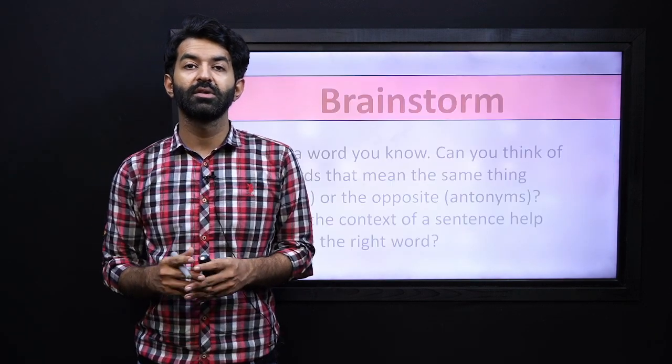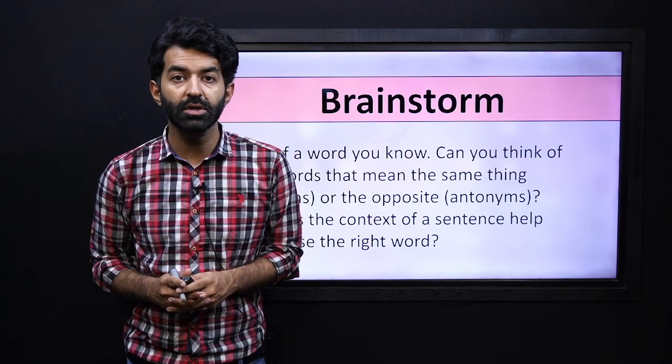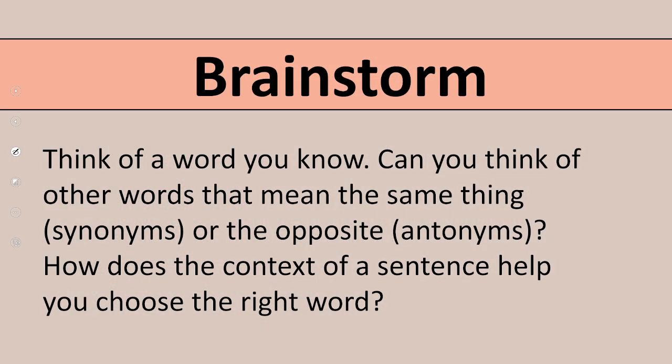Let's begin the lesson with a very quick brainstorming session. So, today we have a prompt that you have to think about: think of a word you know. I hope that you have selected the word in your mind. Can you think of other words that mean the same thing, which we call synonyms?